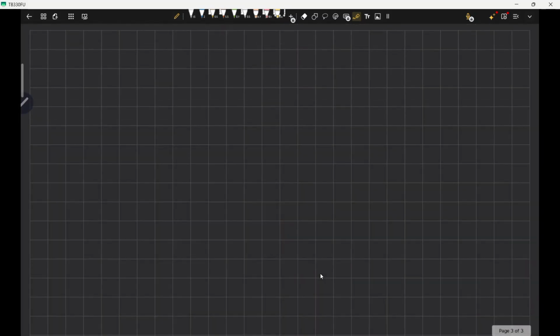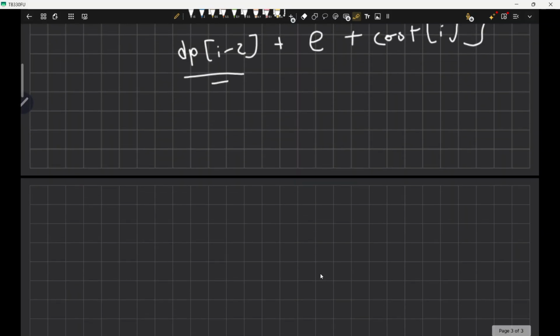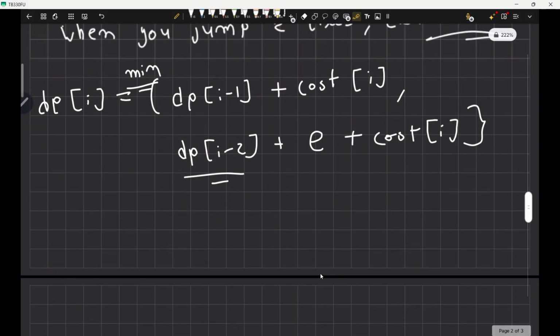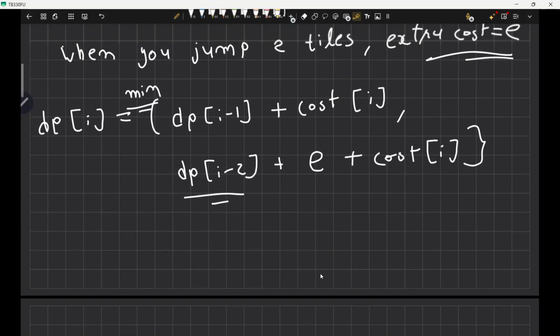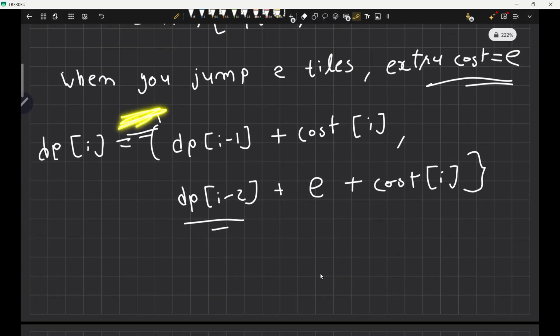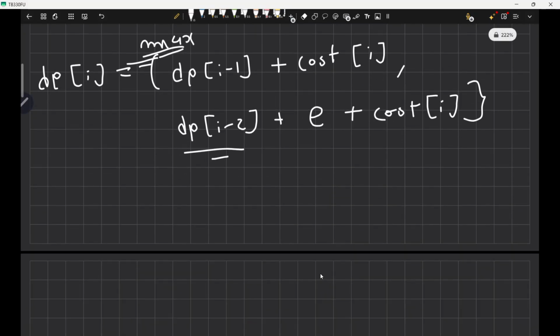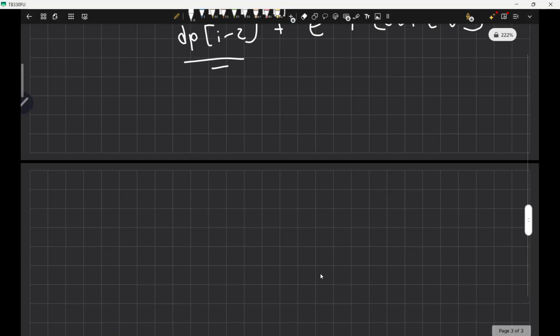And again, there can also be some decision based question, which is type 3. Let's say this is not the min. What if you have to just find the max cost? Again, this is easy. You will just remove this min and write the max here. That's it. So type 3 is some decision based question.